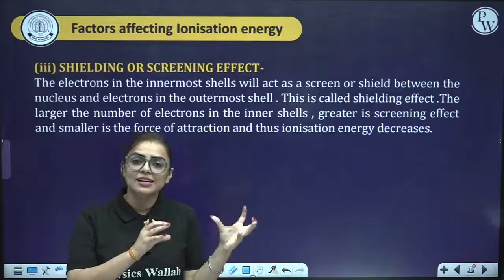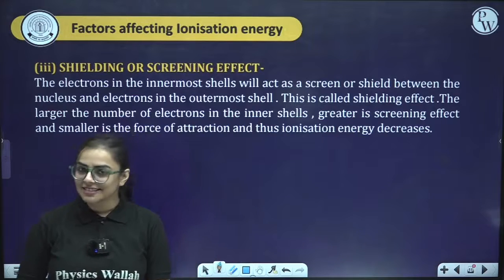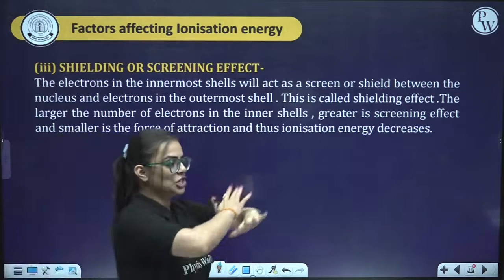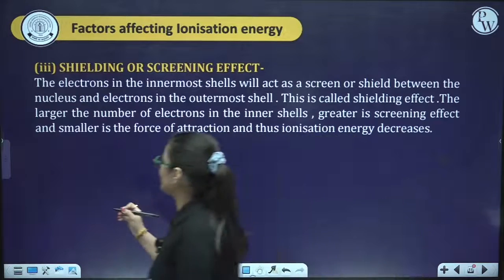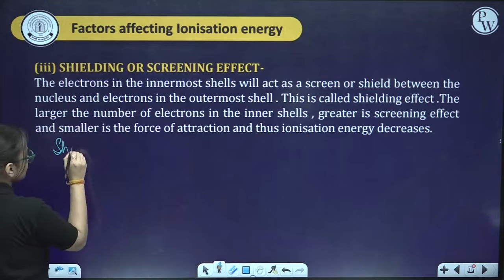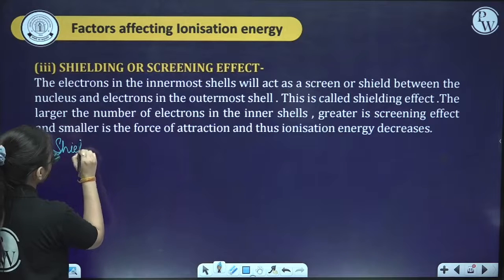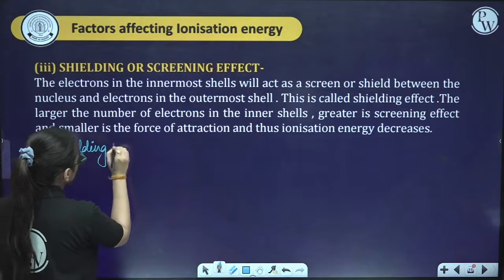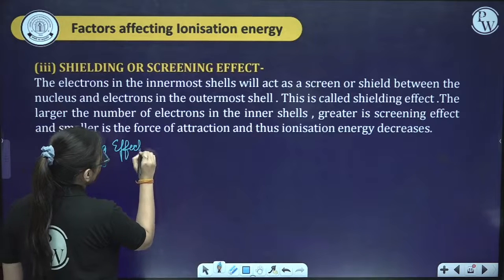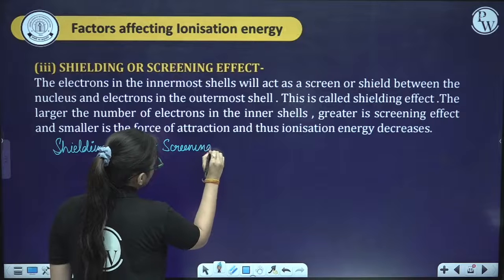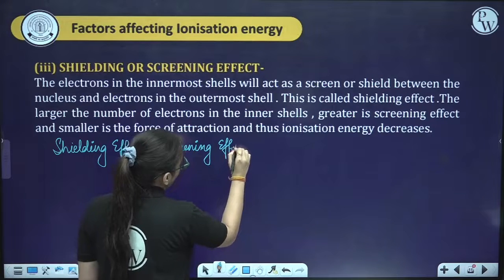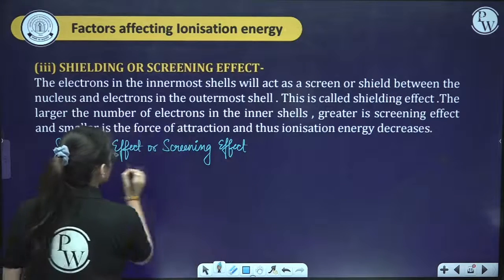What is the shielding or screening effect, students? Again the same thing. A shield created in order to protect the nucleus from the outermost electrons. Let us write this. What is the shielding effect or screening effect?